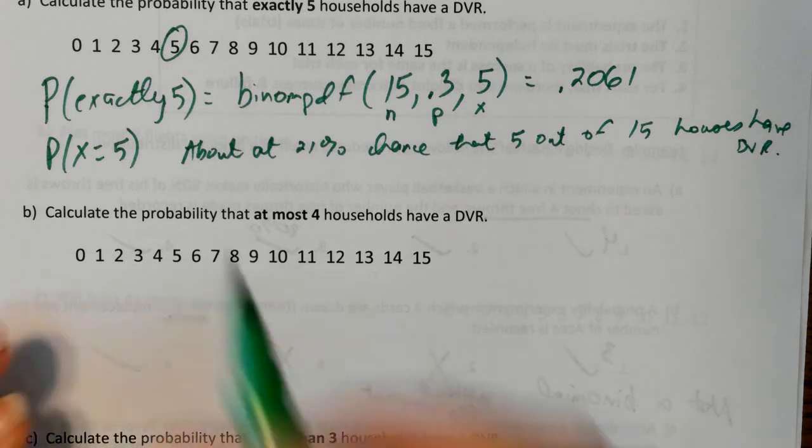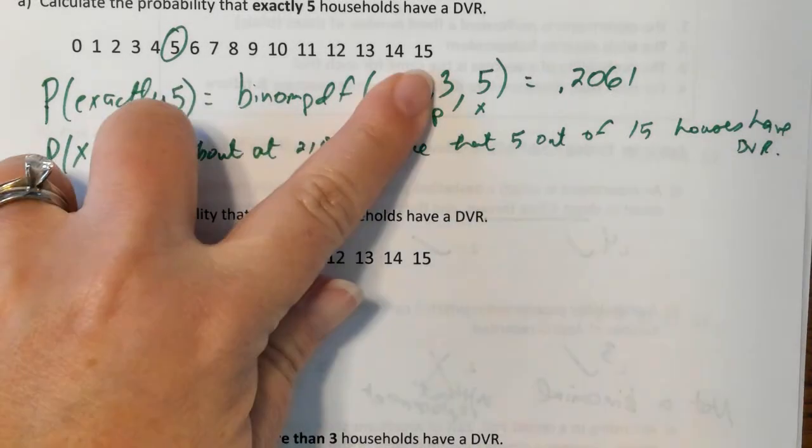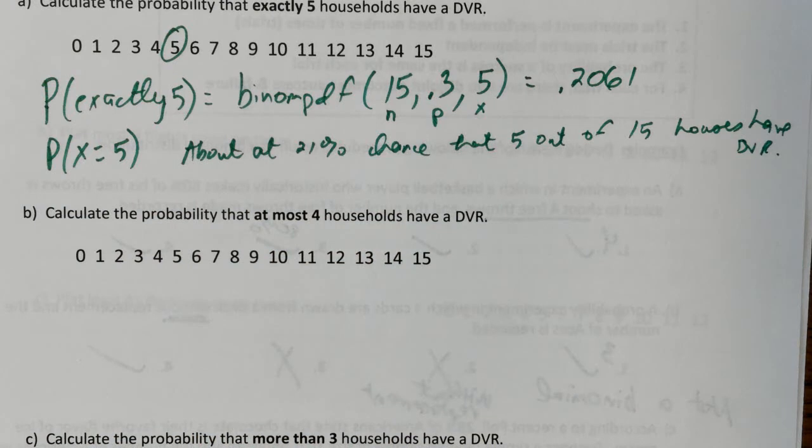They are going to say, in 100 trials, in other words, if you went out and surveyed 15 houses, that's one trial. If you went to a second round of 15 houses, that's your second trial. If you went to another 15 houses, that's your third trial.